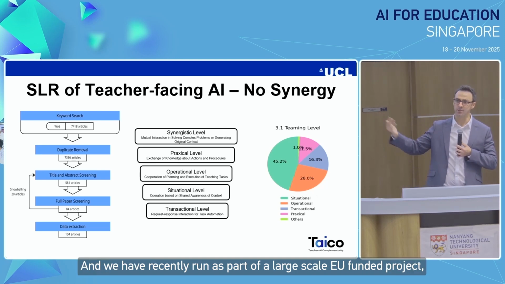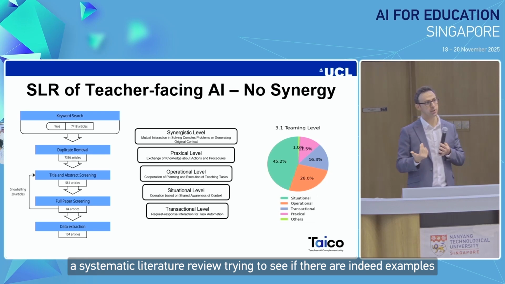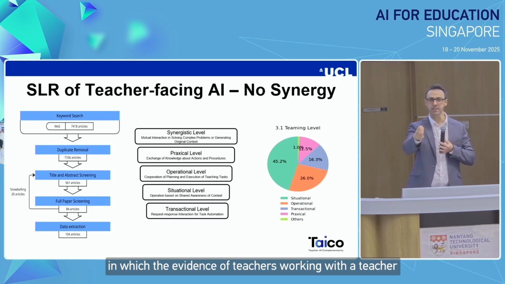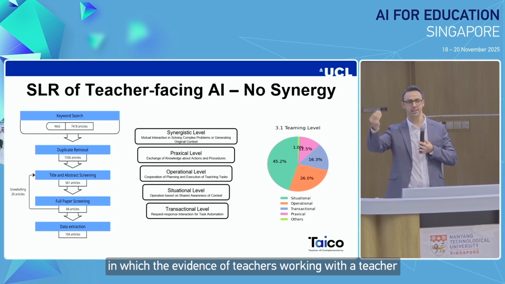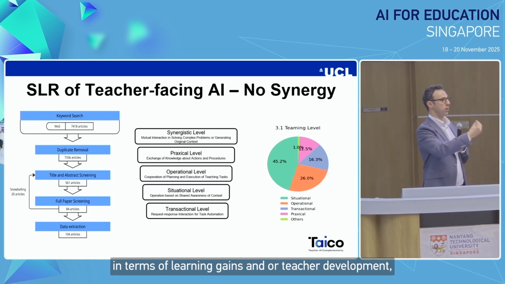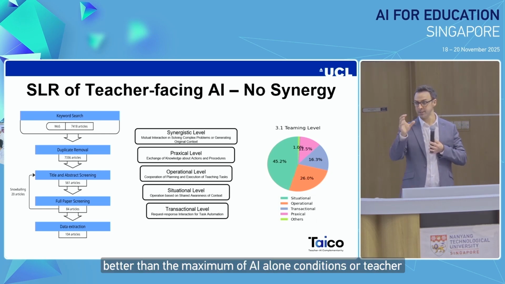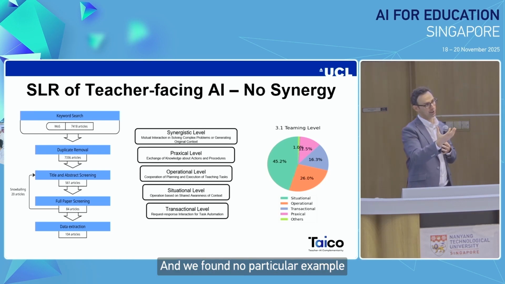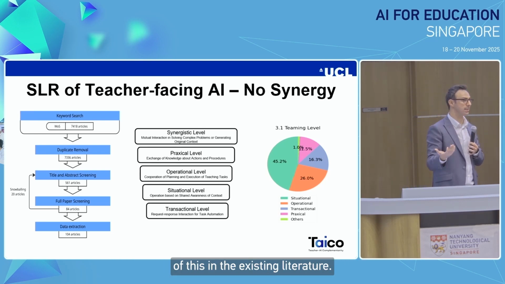And we have recently run, as part of a large-scale EU-funded project, a systematic literature review trying to see if there are indeed examples in which the evidence of teachers working with a teacher-facing dashboard achieve better results in terms of learning gains and/or teacher development, better than the maximum of AI alone condition or teacher alone condition, and we found no particular example of this in the existing literature.